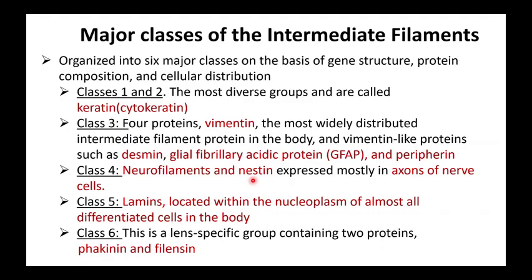Lamins are located within the nucleoplasm of almost all differentiated cells in the body. Now, if you see lamin, would you be able to tell that this pathology is coming from the skin or other? No, because it is present everywhere. That makes sense? We need to go for what is specific in a specific area. Yeah, that's how modern day pathology is helping differentiate.